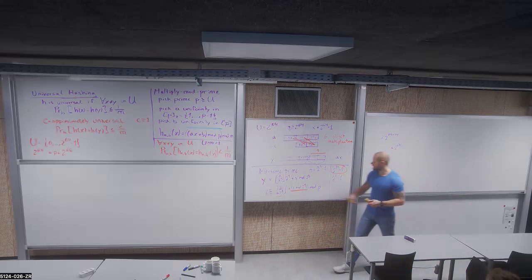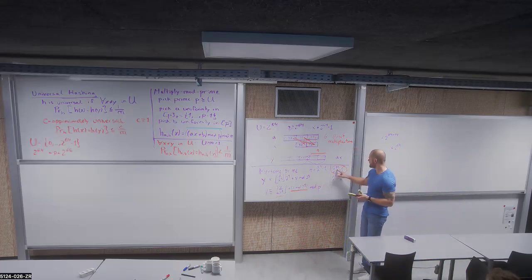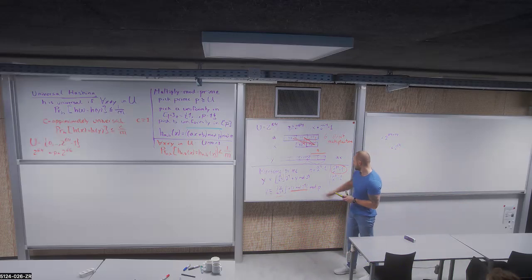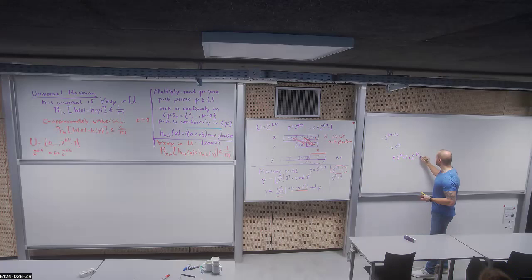Okay. And then there's the other one here, y mod 2 to the q. Well, this is of course less than 2 to the q, just because of how mod works, right? So this is less than 2 to the 89. So I have a number that's less than 2 to the 64 plus a number that's less than 2 to the 89. Then I get a number that's less than or equal to 2 to the 64 minus 1 plus 2 to the 89 minus 1.